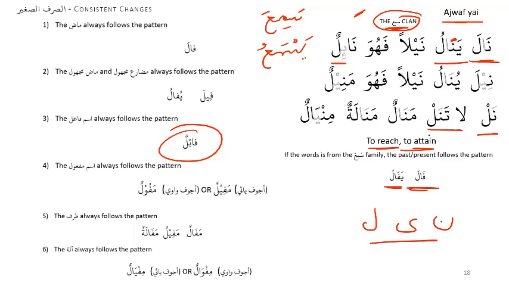Nala yanalu, they're saying, belongs to the Sami'a family. This is not something we've studied, but every family has some general characteristics, and words that fall within those characteristics are lumped together in a given family or bab.